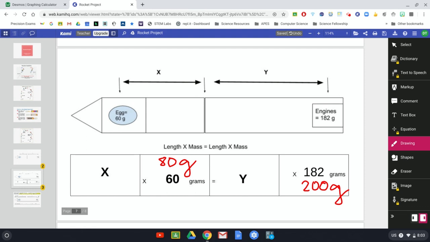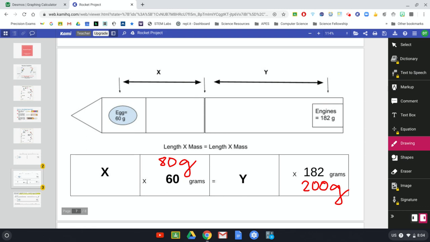But essentially, if we call the distance from the center of mass of the crew capsule to the coupler X, and then from the coupler to the center of mass of the engine mount Y, we have an equation: X times 80 or 60, depending on which estimate you're using, needs to be equal to Y times 182 or 200, depending on what estimate you're using there, grams.